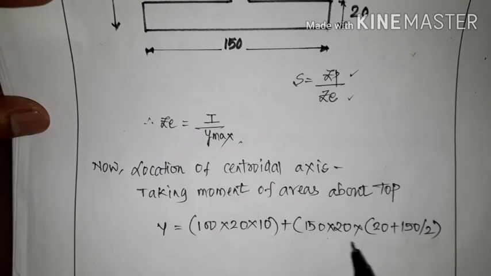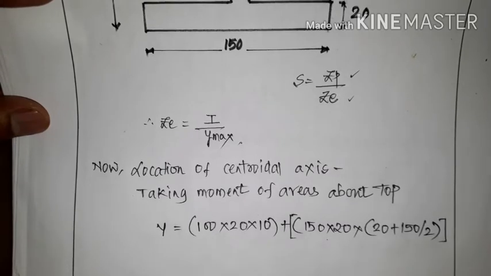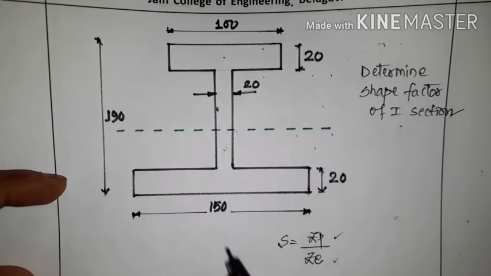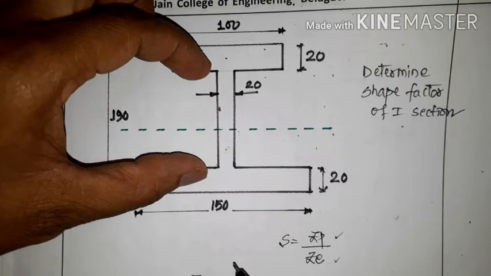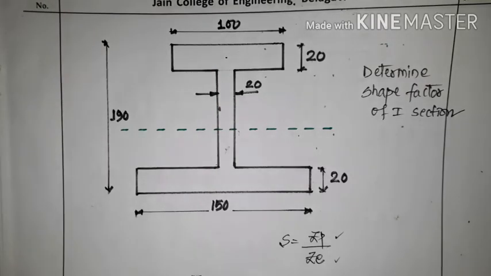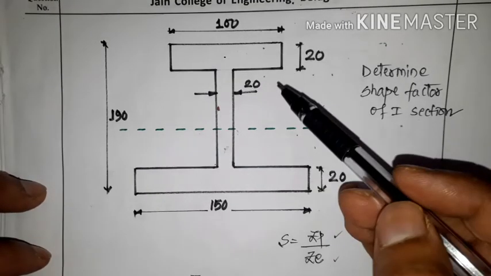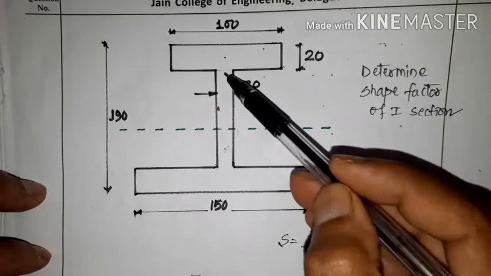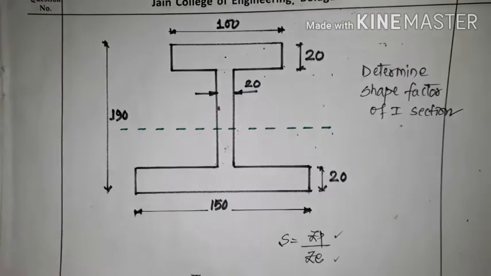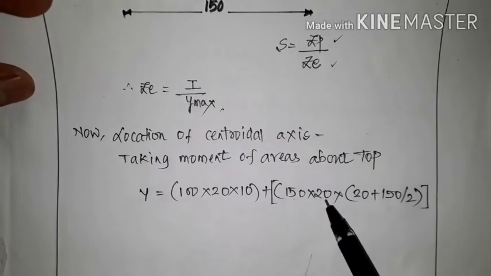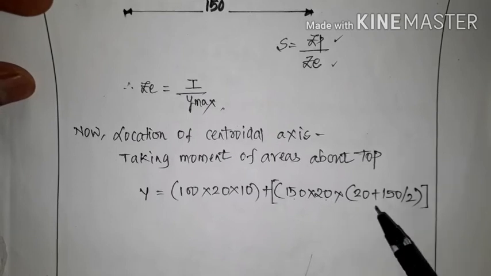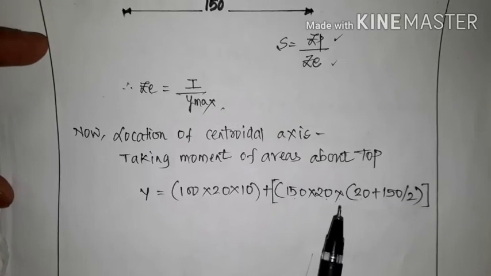Okay, so it is in the square bracket, so I will explain here. The depth of the web is 150, thickness is 20, and the CG distance of the web from the top fiber is 20 plus 150 divided by 2.